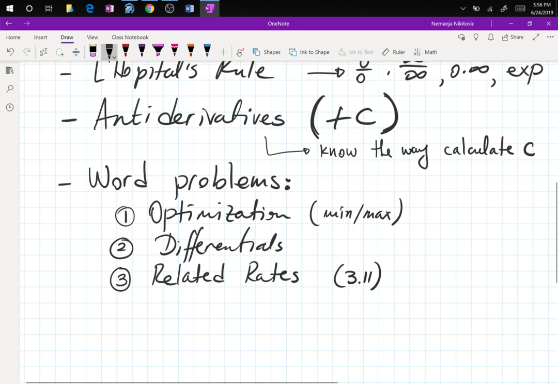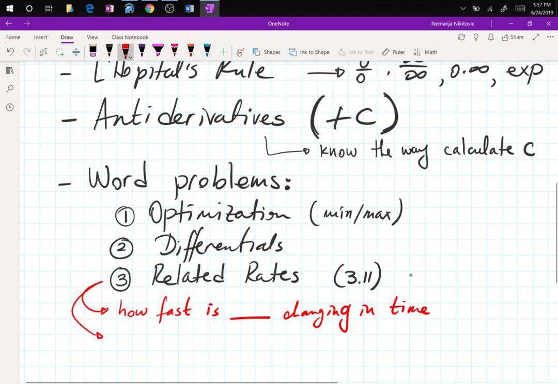Now, the key in differentiating between the two is that related rates have the wording of how fast is something changing. So related rates: how fast is something changing in time.